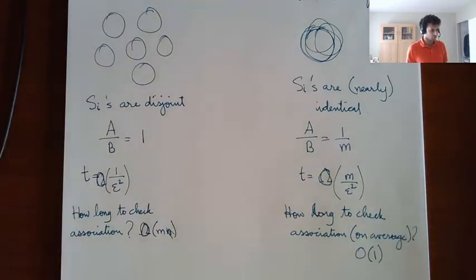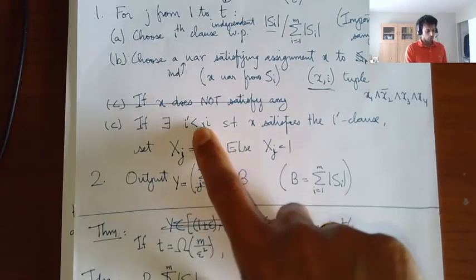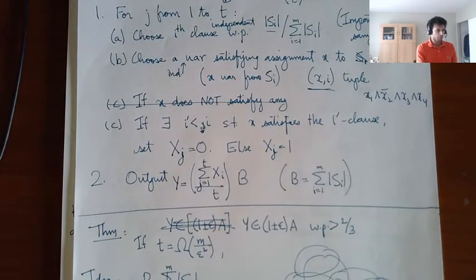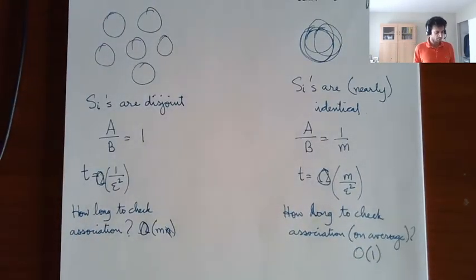So if you were to go over these randomly, you would very quickly determine that it did not satisfy the clause, and then you could just stop. Does this make sense?